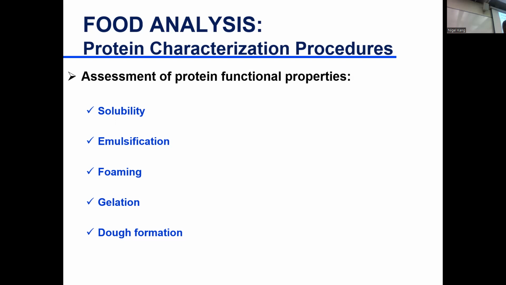The other reason that solubility is important is that it affects other protein functionalities. Why? For example, for emulsification, the protein should first get solubilized and then be able to migrate to the interface of water and oil. An emulsion itself is thermodynamically an unstable system.